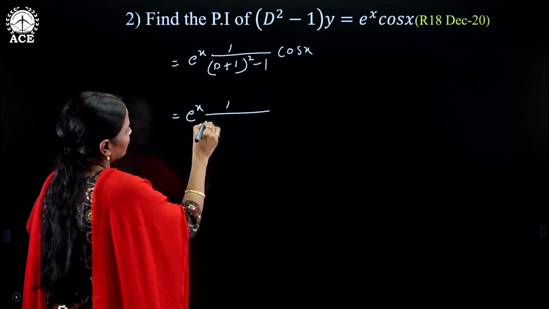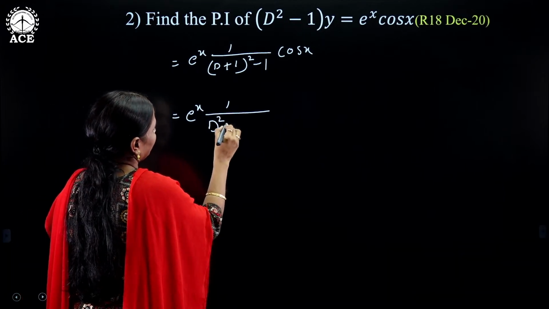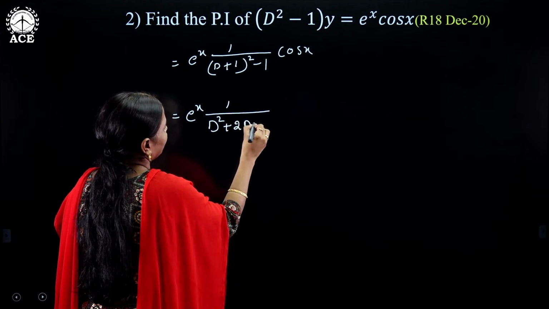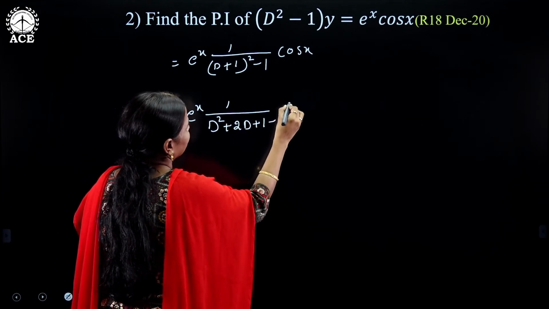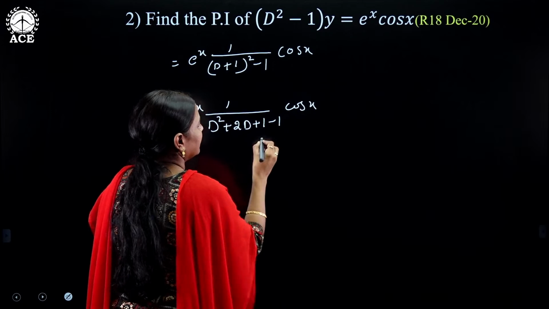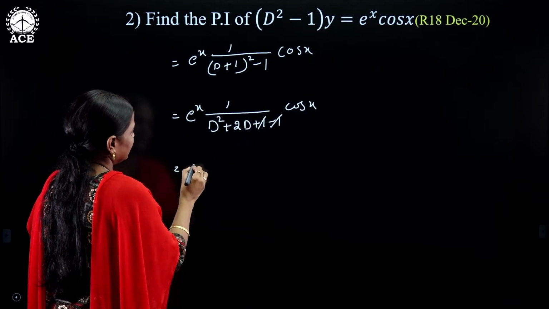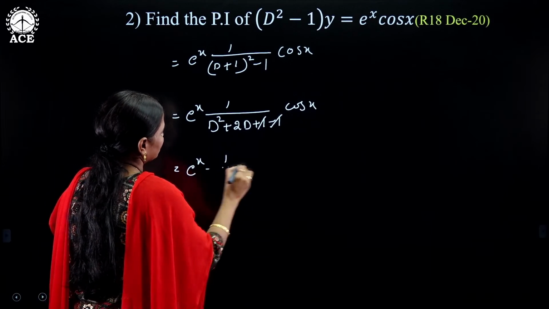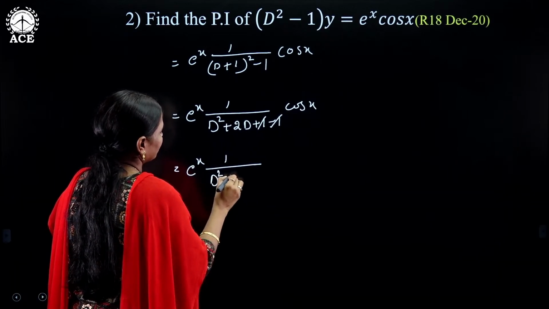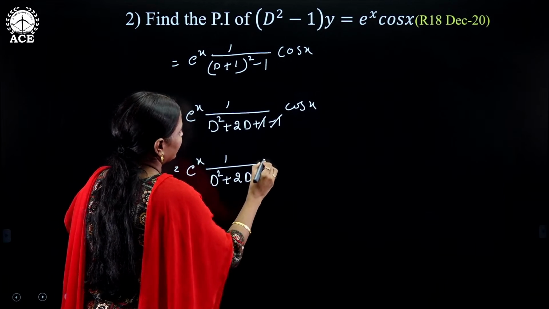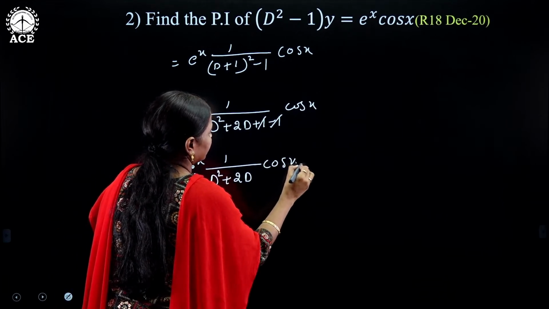D plus 1 whole square is d square plus 2d plus 1 minus 1 into cos x. Now here minus 1 plus 1 get cancelled. So what are the remaining terms here? Which is e power x into 1 by d square plus 2d into cos x.